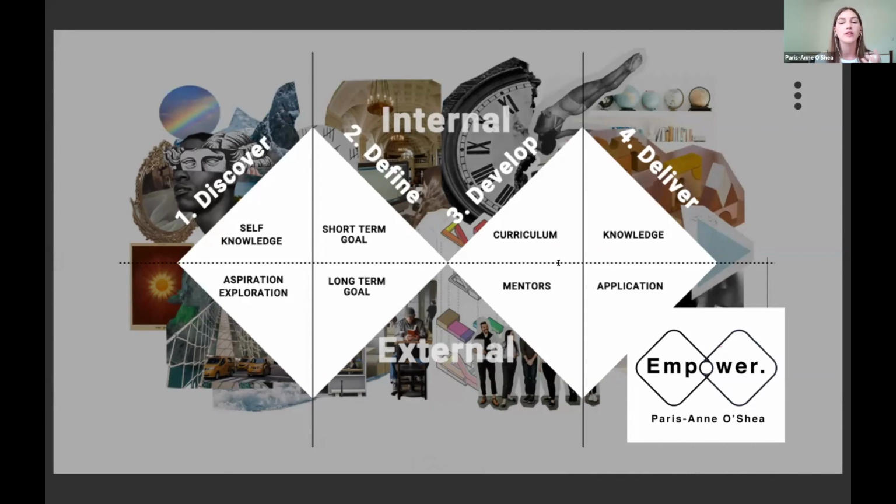Within each of those stages, we have workshops and resources to help you through them. And then the horizontals are the internal and external. In order for education to be relevant, we need a convergence between these intrinsic motivators and the external possibilities and opportunities that are available to these young people. And so all the way through, you have this convergence.